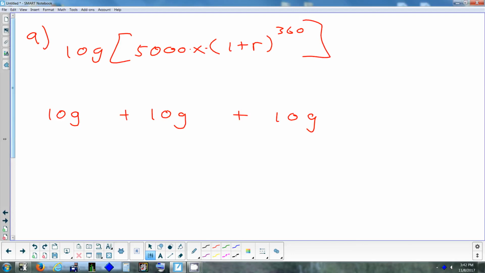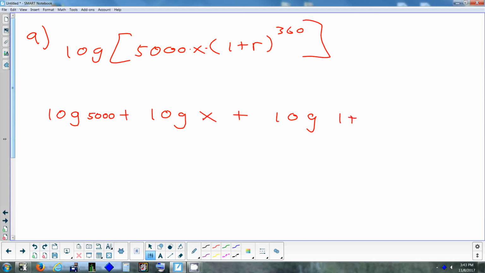And even though they didn't put it, what's the base on all those logs? 10. Right, they're assuming it's a 10. What's the argument to my first log? 5,000. Okay, argument to my second log? X. And what about my third log? Would it be 1 plus r?